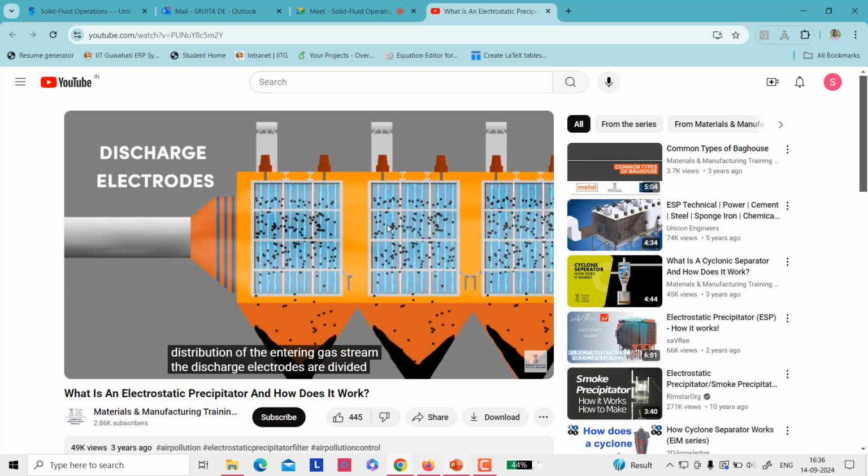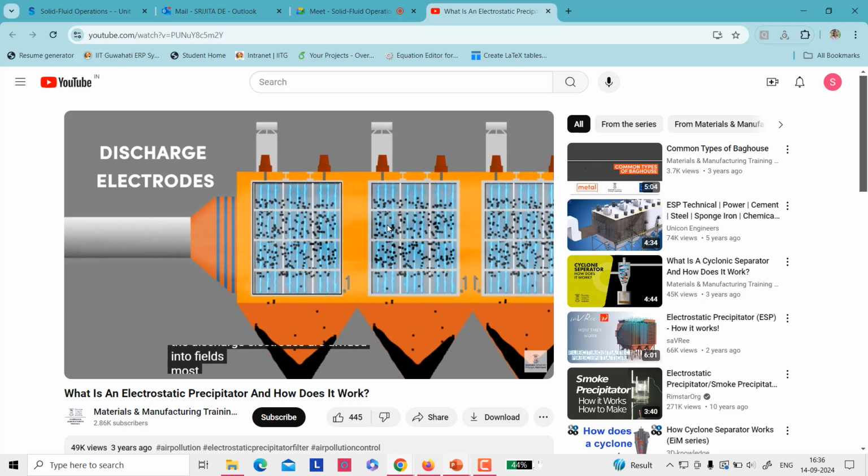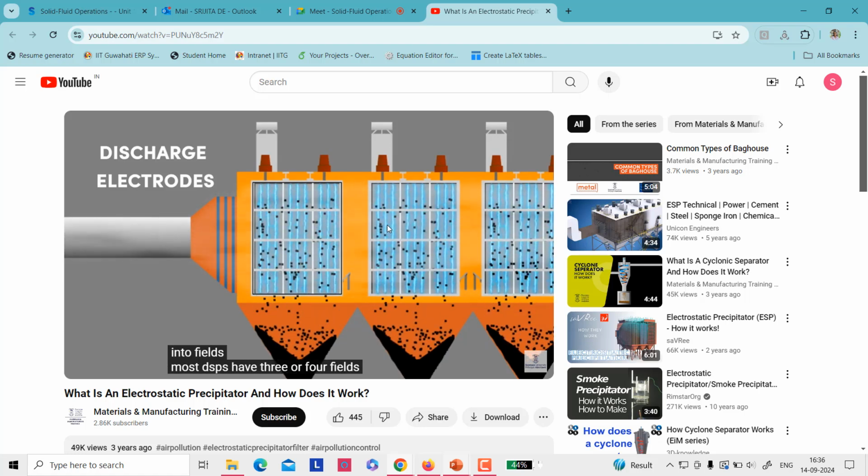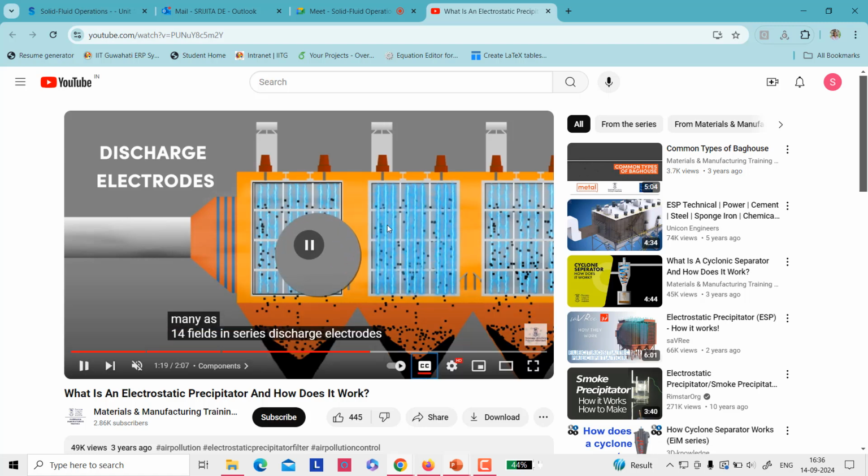This is happening in four chambers, which will give us cleaner gas. As many as 14 fields or series of discharge electrodes can also be there.